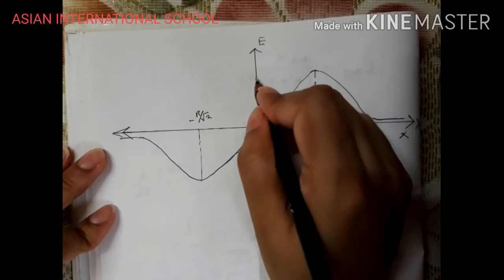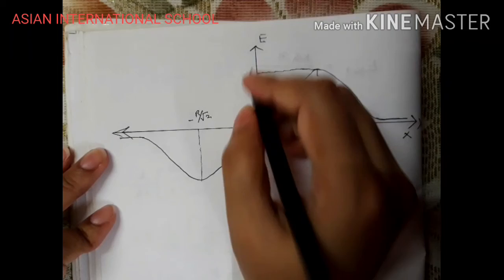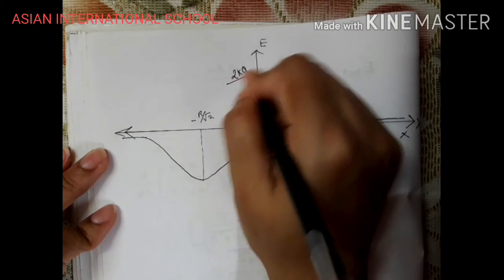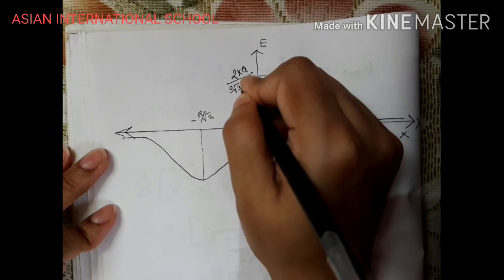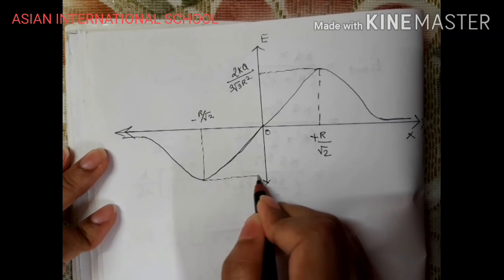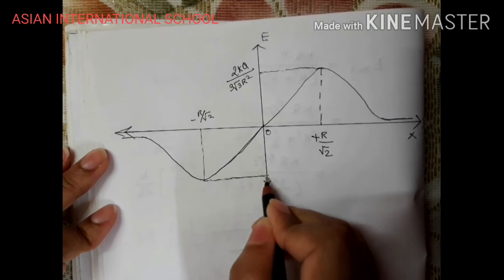So electric field at this position is maximum. What is the value? 2kq divided by 3 root 3 r square, and over here I am again getting maximum electric field. But in the other direction, that means the electric field is negative.